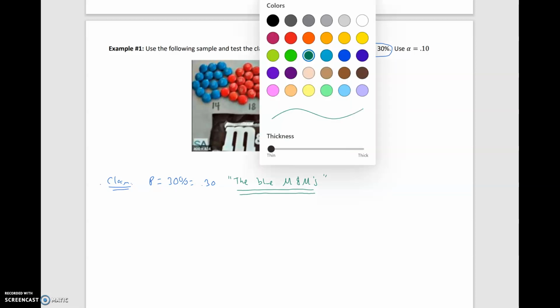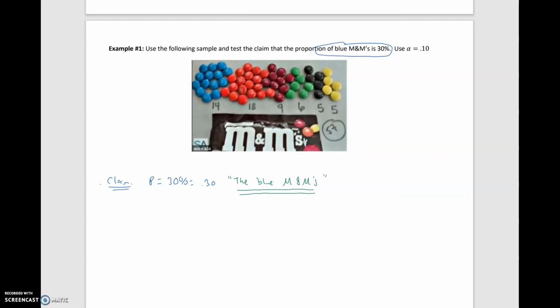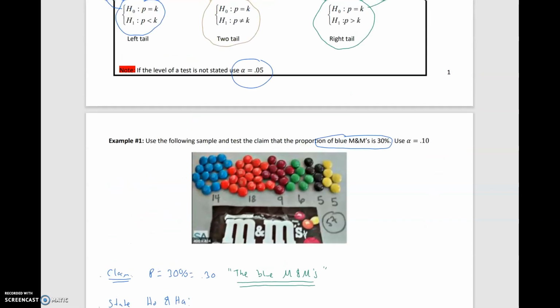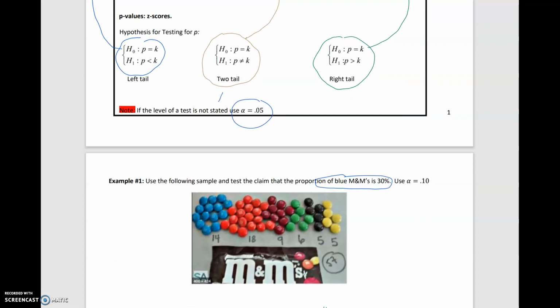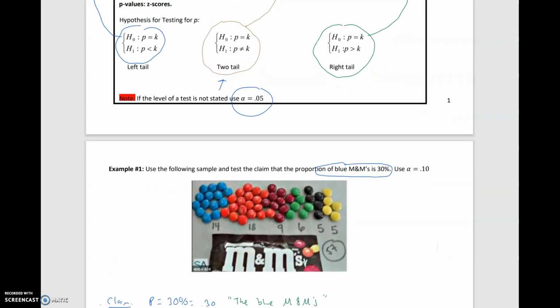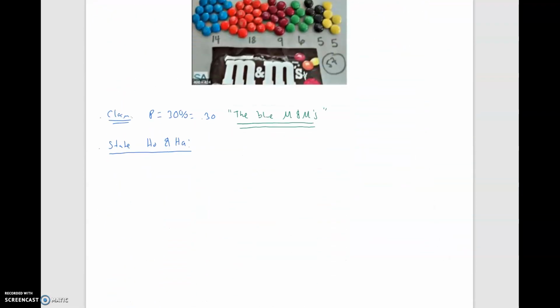Next order of business is going to be the hypotheses. So let me just rewrite it and state H0 and H1, or HA. Because the claim is an equality, we're going to be looking at the two-tailed test. So H0, and remember that H0 is always equals, is going to say P is equal to 30%.